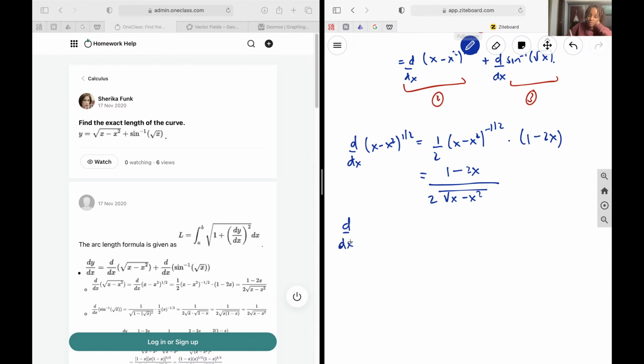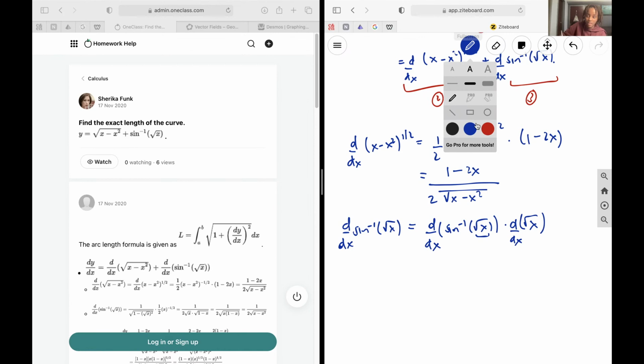Okay, next up, I'm going to want to deal with this section. So d over dx sine negative 1 root x. And this is going to be equal to d over dx sine negative 1 root x multiplied by d over dx root x. And so I'm just going to treat this like it's any other value and put in what the derivative of the inverse sine is.